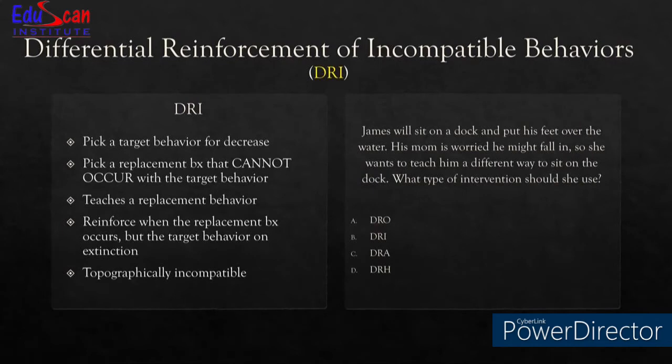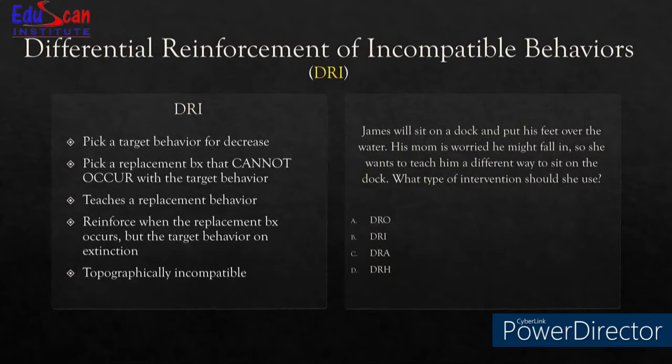Differential reinforcement of incompatible behaviors, DRI. DRI is exactly what we do: we pick a target behavior for decrease. We are picking a replacement behavior that cannot occur with the target behavior.